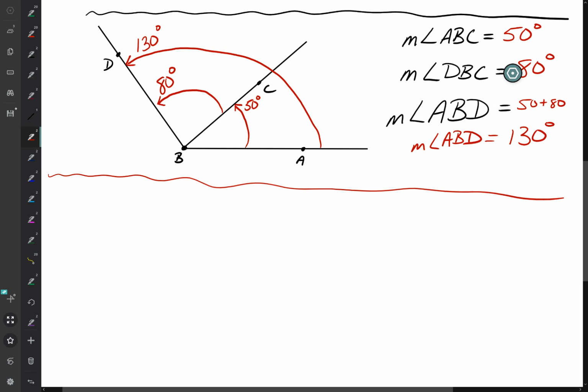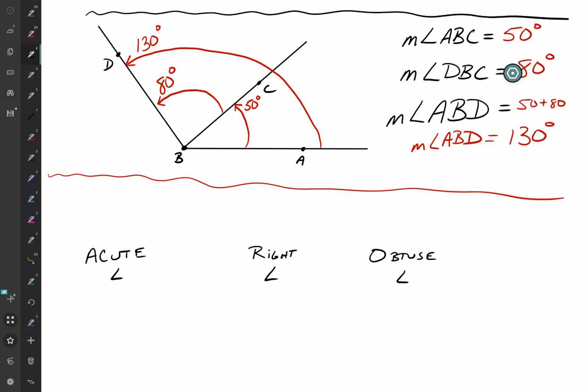This is absolutely positively review. I guess I'll write the word out the first time. You guys remember these three? What's an acute angle?